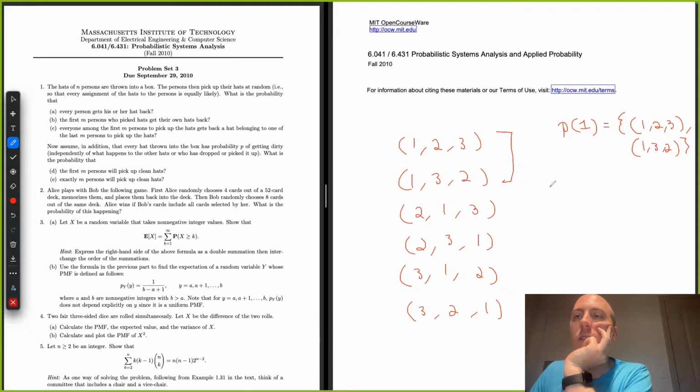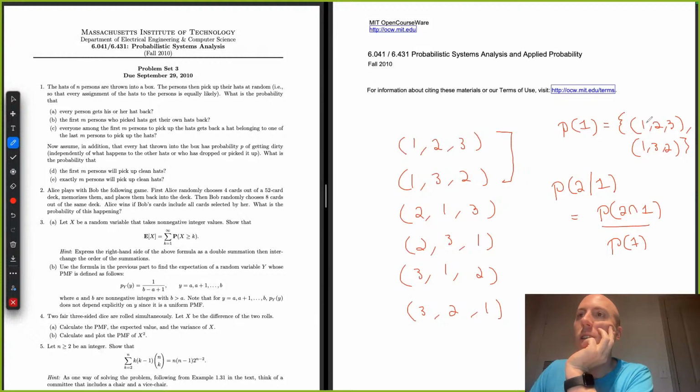Then we say the probability of 2 given 1 is equal to the probability of 2 and 1 over the probability of 1.